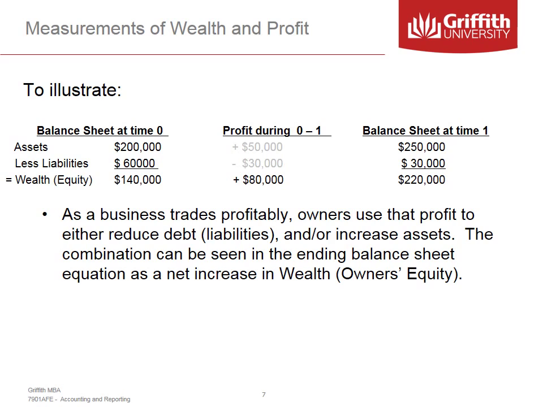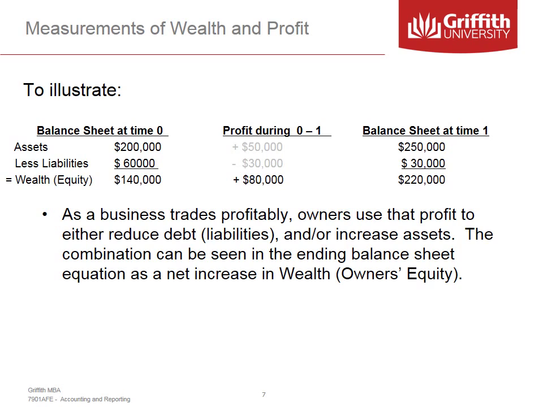So at time 0, the balance sheet or the accounting equation shows us assets minus liabilities equals a measure of wealth, which is what we're calling owner's equity. So 200,000 less 60,000 equals 140,000. And balance sheet at time 1 is 250,000 of assets less liabilities 30,000 equals wealth of 220,000.